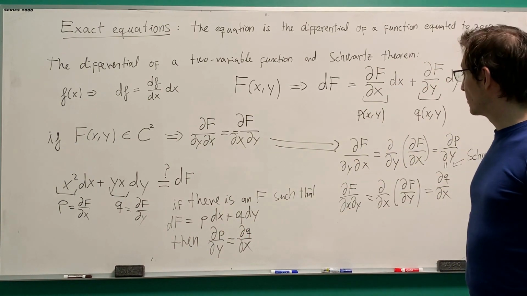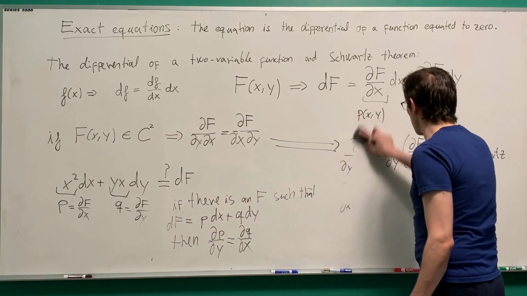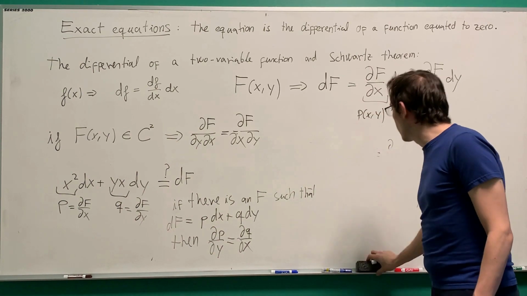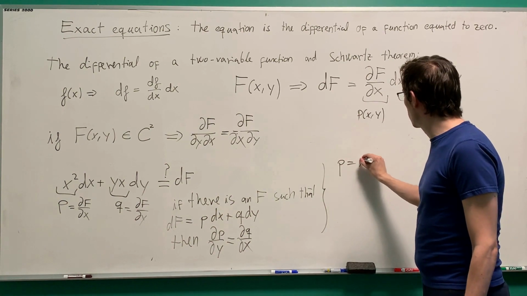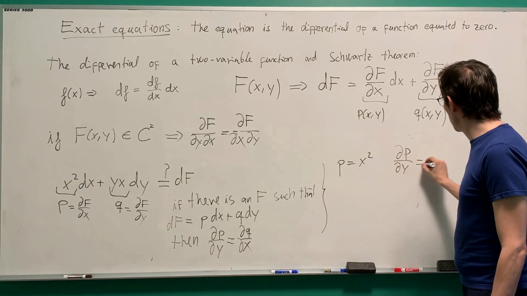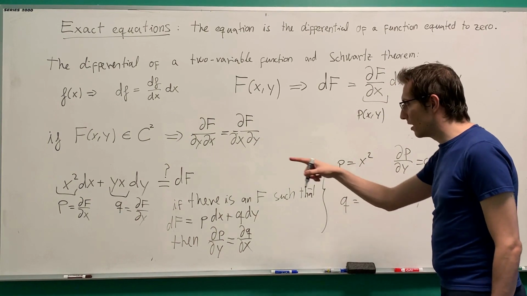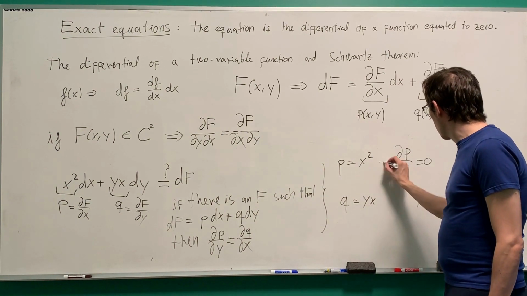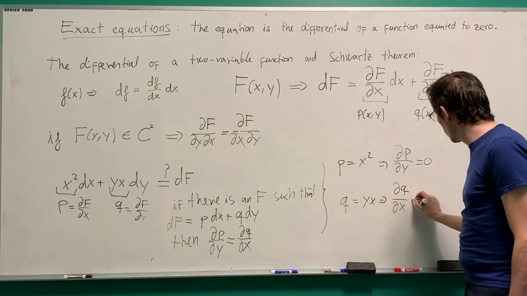Now we can check in this particular example. p is x squared, so partial p, partial y is 0, and q is yx, so partial q, partial x is y.